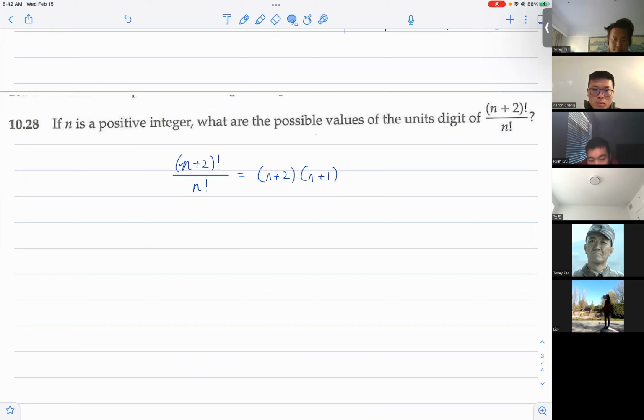Okay, after we cancel out, we get n plus 2 times n plus 1. In other words, these are just two consecutive integers.